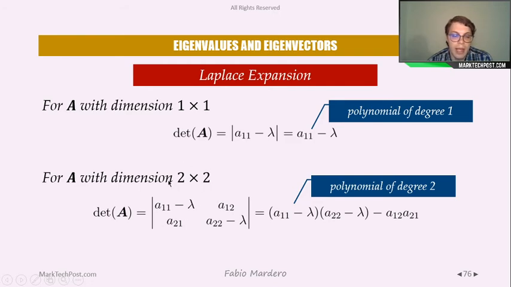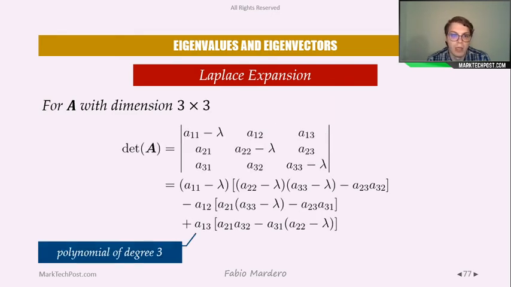With a 2x2 matrix, we already know how to compute this determinant, and we get a polynomial of degree 2, again with respect to lambda, which is our unknown variable. We can do the same for the 3x3 matrix. Again, we get a polynomial of degree 3, because lambda to the power of 3 comes from this multiplication.